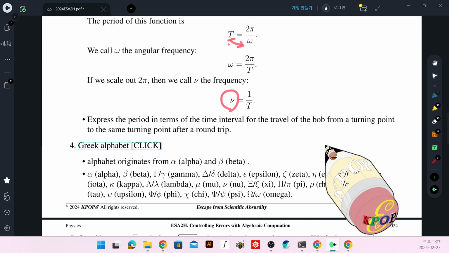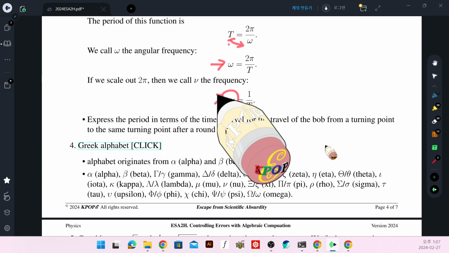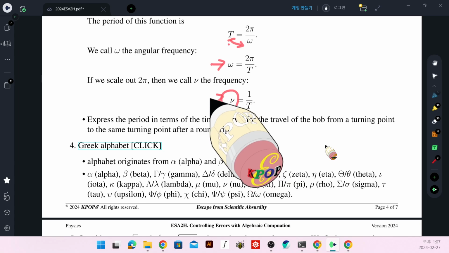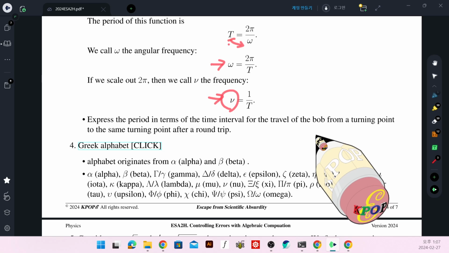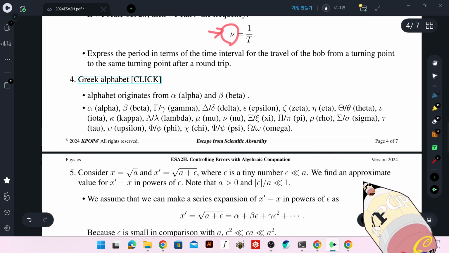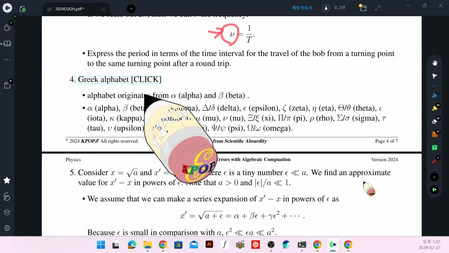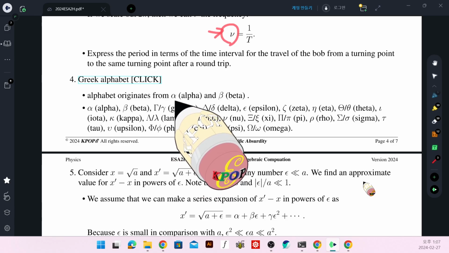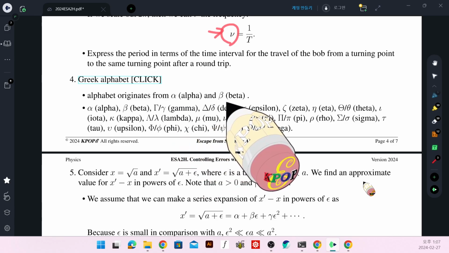So we have found these special characters. They are Greek characters, so it's better to memorize useful characters. You might know already about the alpha and beta.